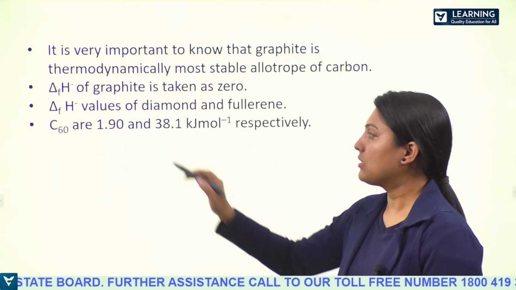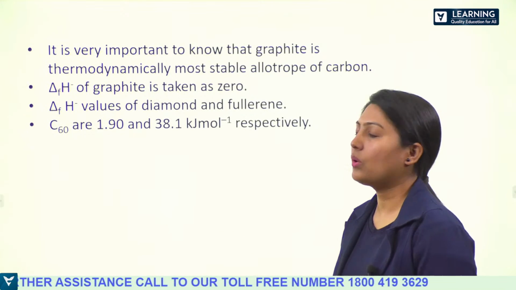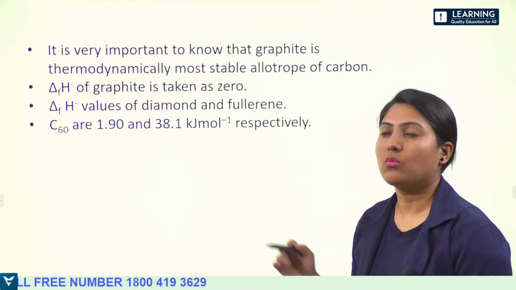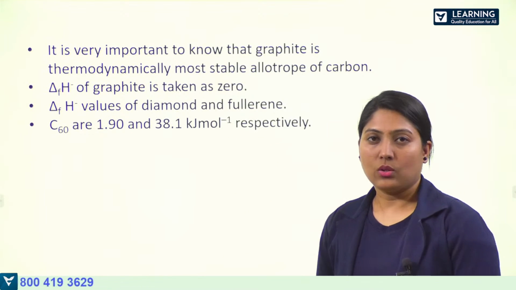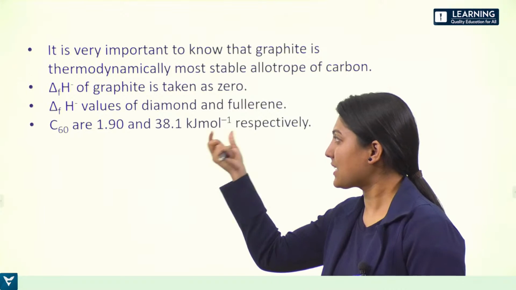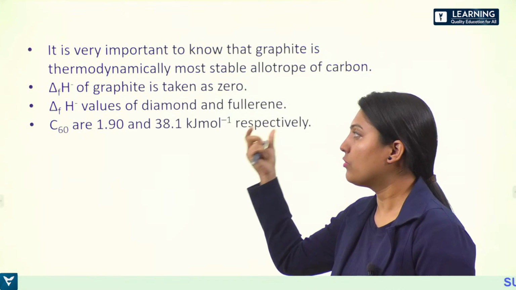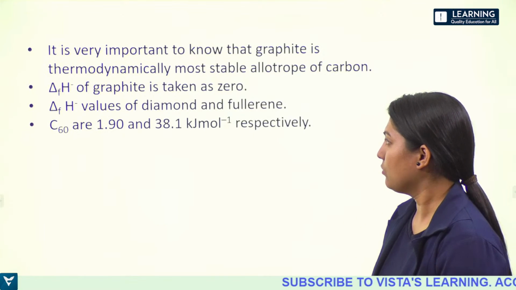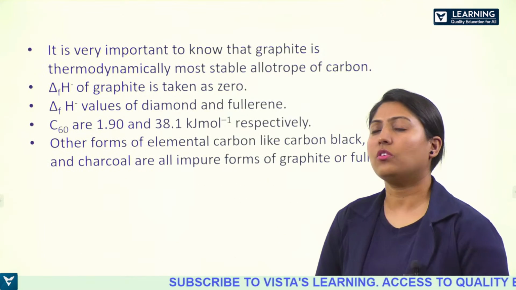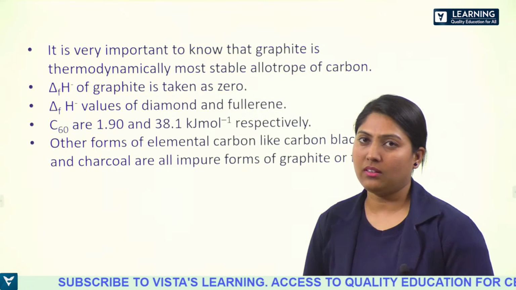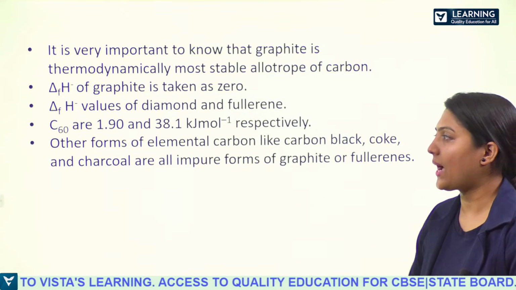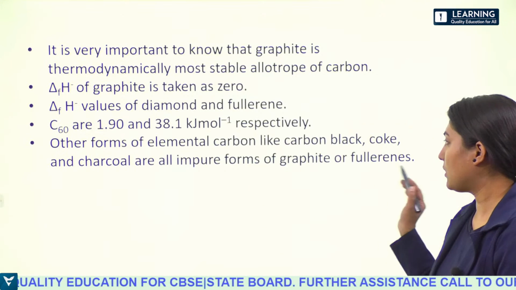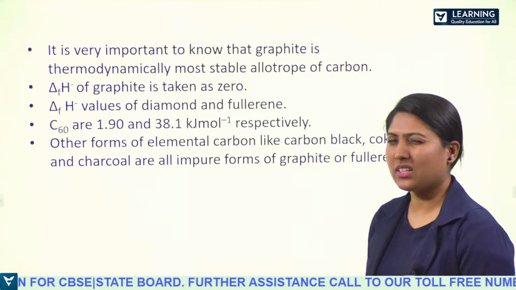For fullerene it is 38.1 kilojoules per mole. That means this much energy is absorbed during the formation of diamond and fullerene. Other forms of elemental carbon like carbon black, coke and charcoal are not the purest forms of graphite or fullerene.